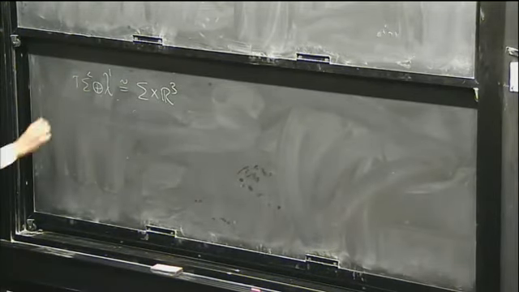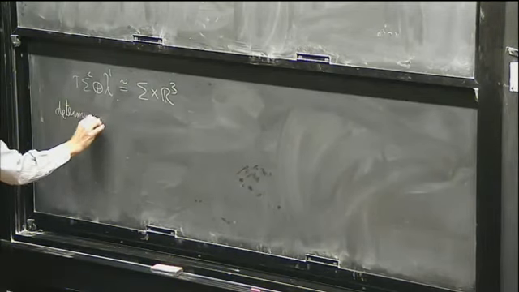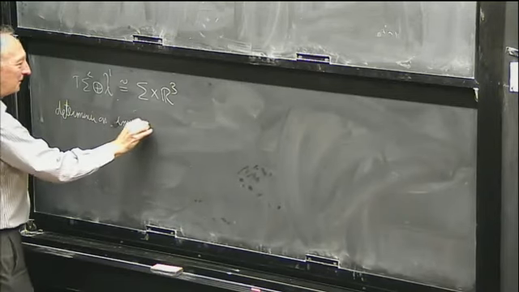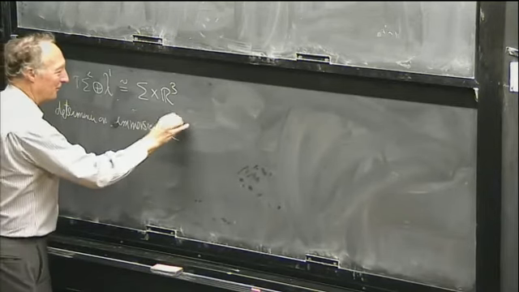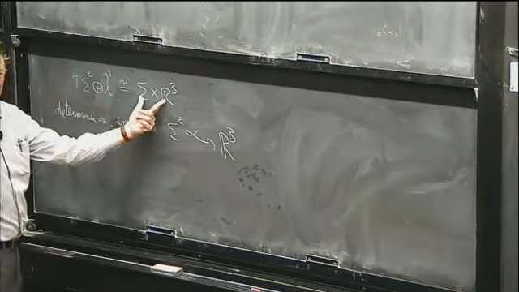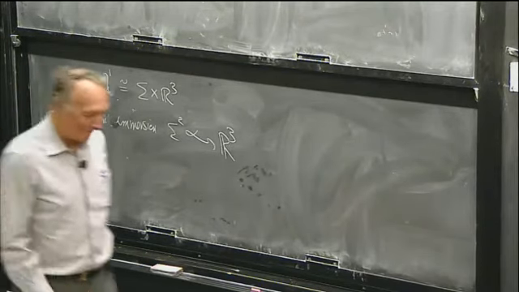Well, this determines an immersion of the Riemann surface into 3-space, because this is the tangent bundle of 3-space restricted to the surface. So we have an immersion up to regular homotopy.